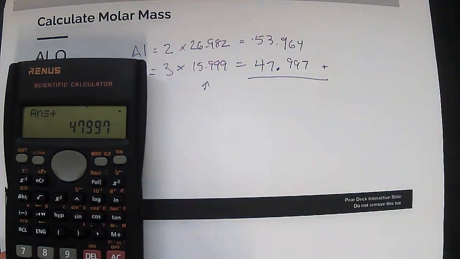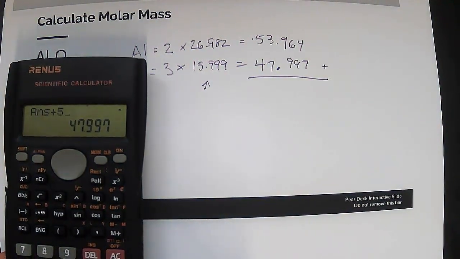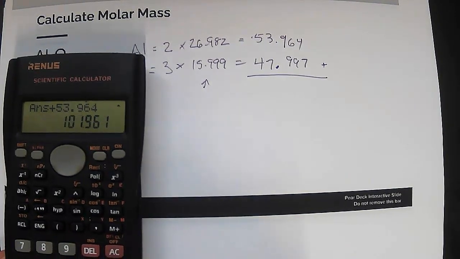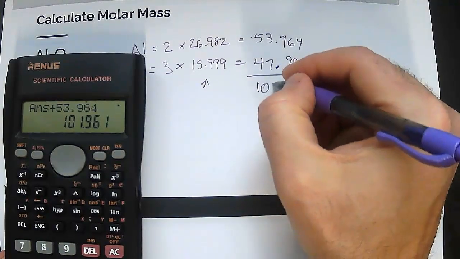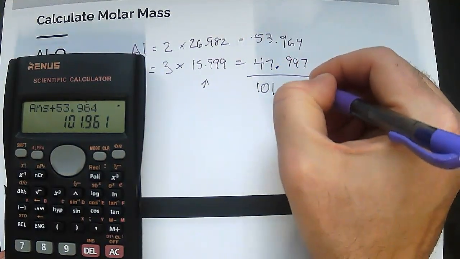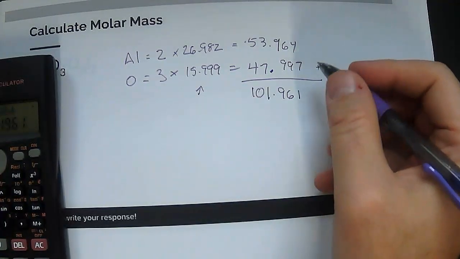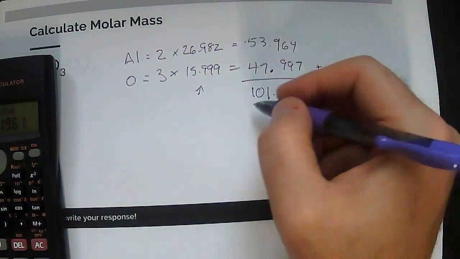So 47.997 plus 53.964, and I get 101.961.